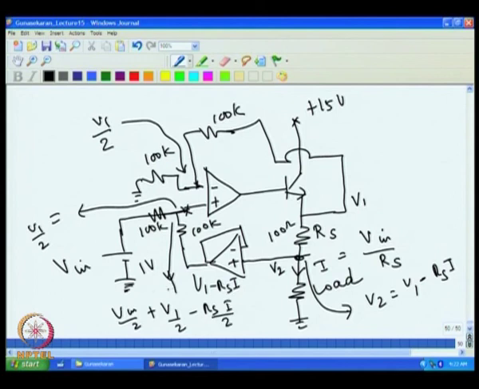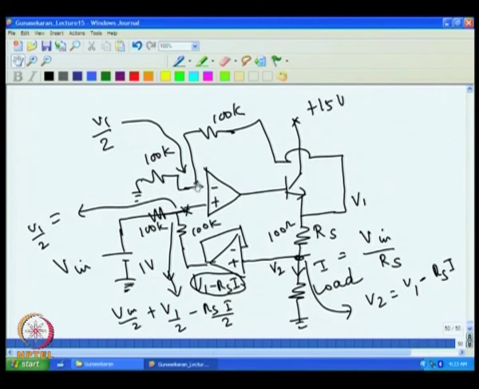That is the voltage you get at this point, because V in by 2 is the contribution from this input, and half the contribution comes from the output, V1 minus RS into I. And the voltage at this point is V1 by 2.